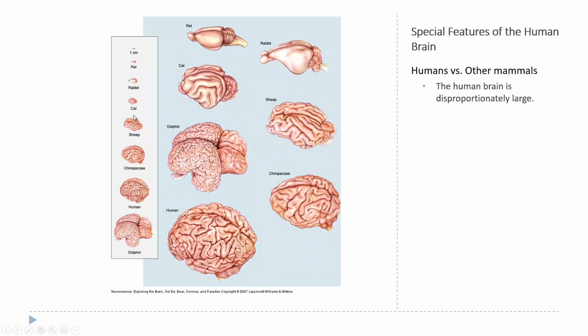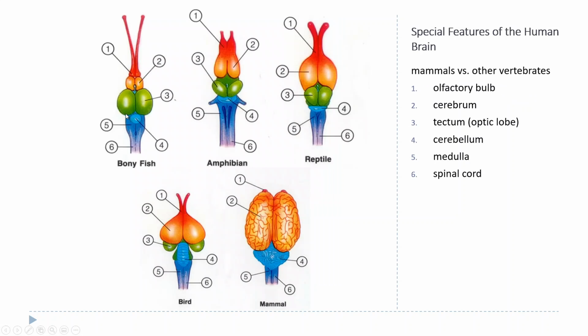The tectum is in green here, and it's called the optic lobe because it's very important for the function of the visual system. Whereas in mammals, a lot of that function happens in the cerebral cortex instead of the tectum. So that's probably one of the reasons that the mammalian tectum is proportionally so much smaller.